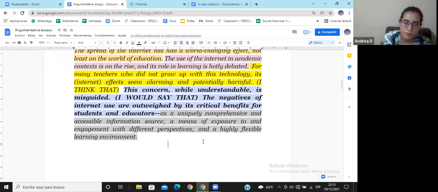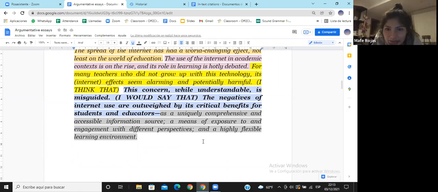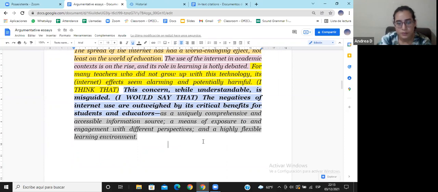Is it the one that is in gray? Yes, exactly. So he says, outweighed its critical benefits as a uniquely comprehensive and accessible information source, a means of exposure to and engagement with different perspectives.